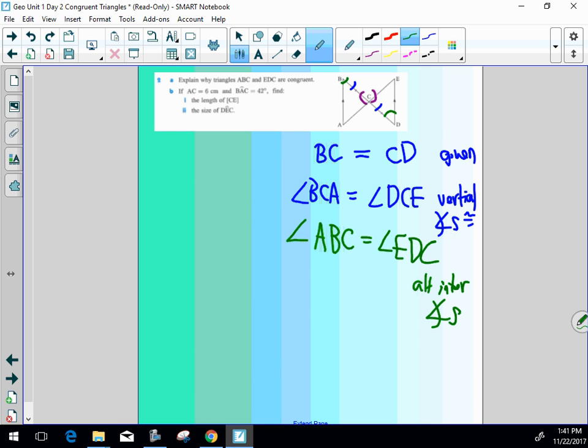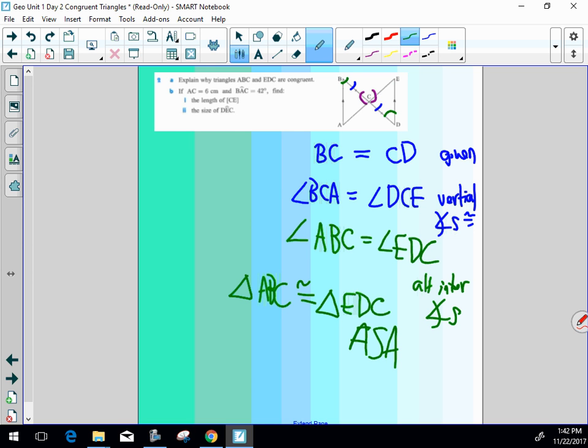And so if you have angle, side, angle, are we good? We would say triangle ABC is congruent to triangle EDC because of angle, side, angle. Yeah, I'm going to say angle, side, angle.